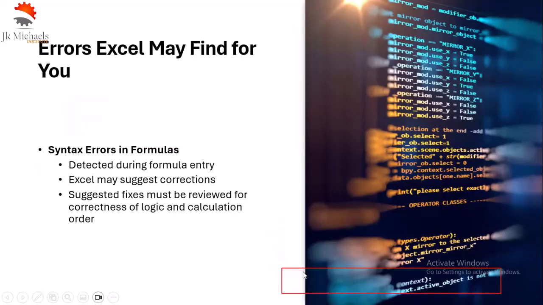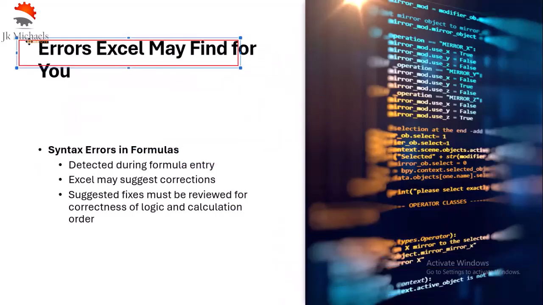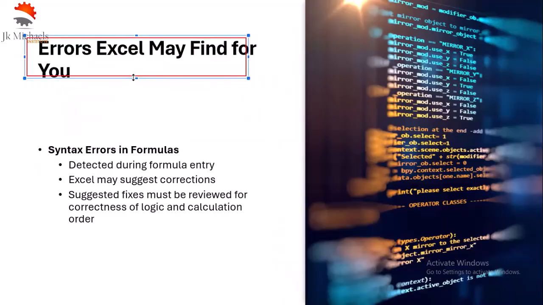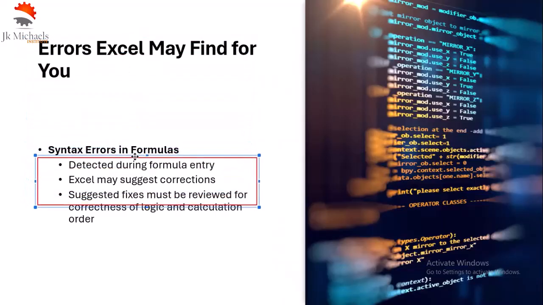Now, for obvious errors, errors Excel may find for you will pretty much be obvious. The syntax is going to make it very clear that this is an error, right? It may be detected during formula entry. So if I type a formula, Excel will tell me, no, you did not put a comma, or I think you put double commas, or you were supposed to do this, right?